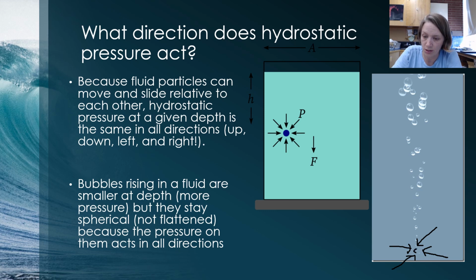So our bubbles are still relatively spherical. As we rise up in the fluid column, the pressure on each bubble goes down because there's not as much fluid on top, but it still acts in all directions equally, which means our bubbles are still spheres. They keep their shape. It's not like flattened pancakes that you would see if that pressure only acted down.